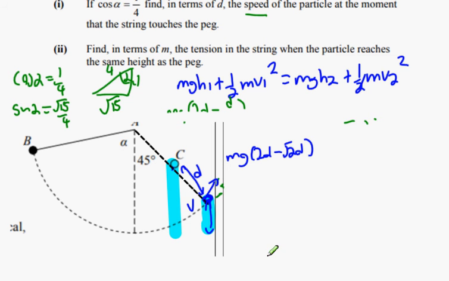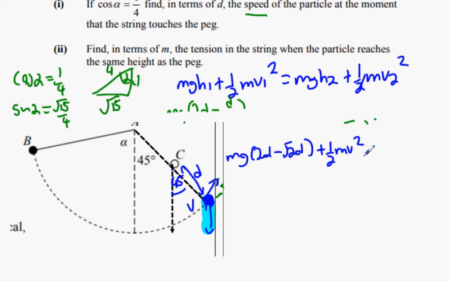Is that okay? Now what we also have to remember is we have corresponding angles here. So that angle is 45, but when I draw a line coming down from here, that's also 45. Okay? So that's 45 as well. Now our half mv squared is the same v squared we got in the last one. It's this velocity here.